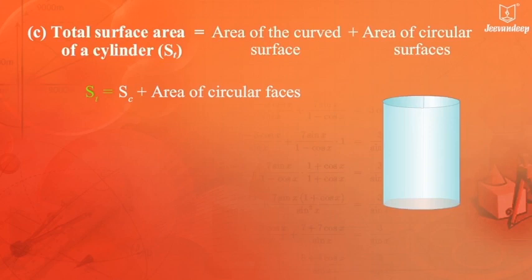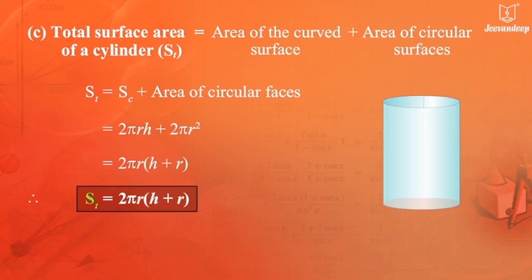ST equals SC plus area of circular faces, equals 2 pi r h plus 2 pi r square, equals 2 pi r multiplied by (h plus r). Therefore, ST equals 2 pi r (h plus r).